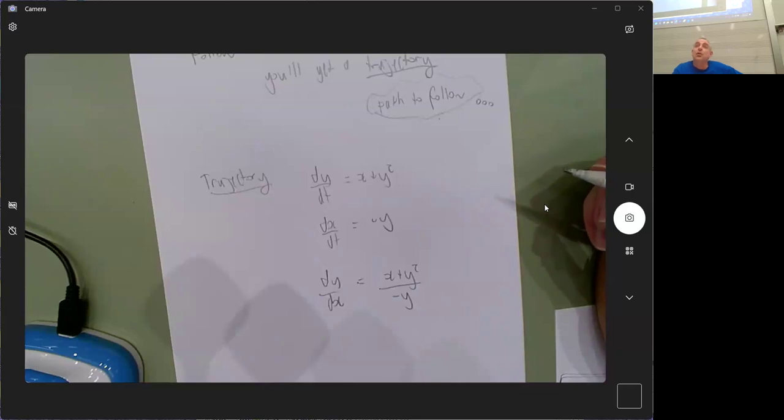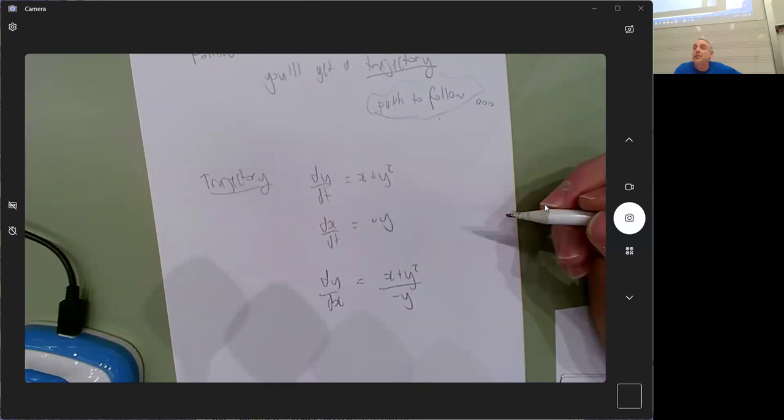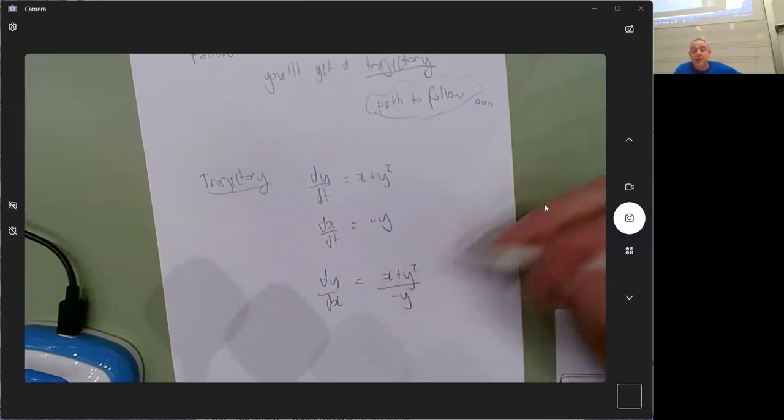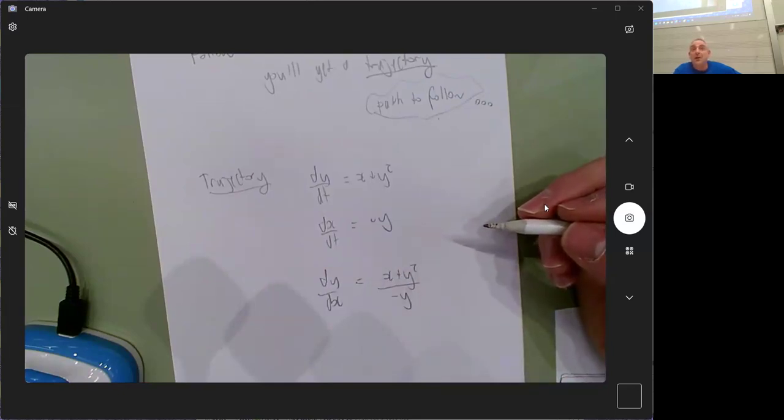This is a perfectly good differential equation in x and y now, with no t's at all. You could theoretically solve it with whatever methods you have for solving differential equations, and it would be a curve that is traced in the x and y graph.